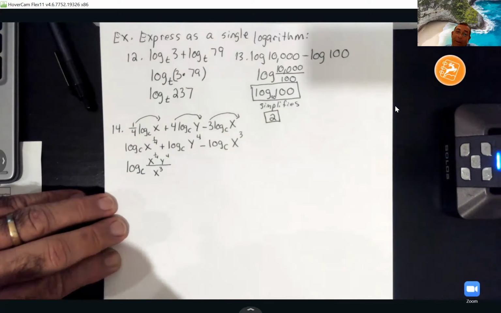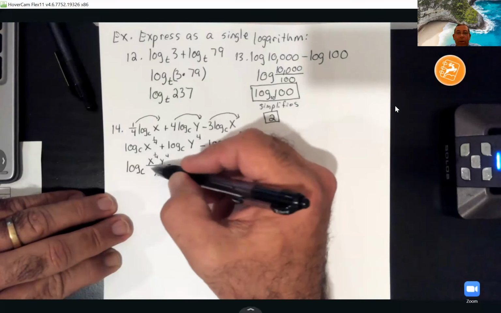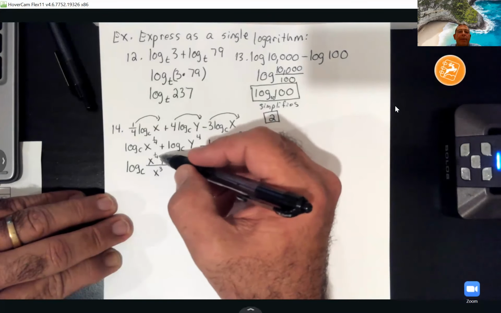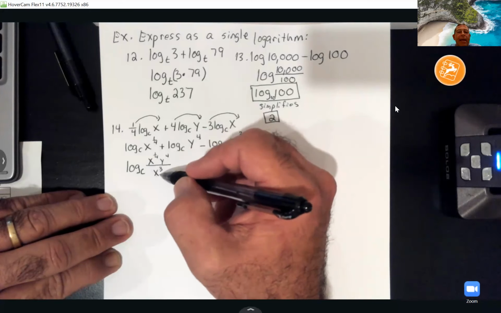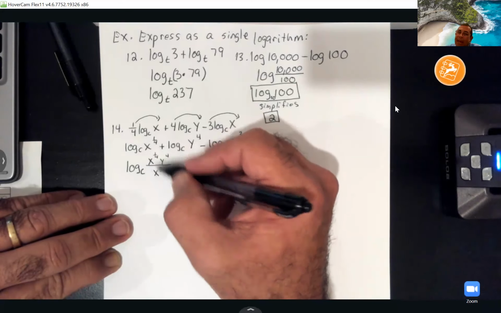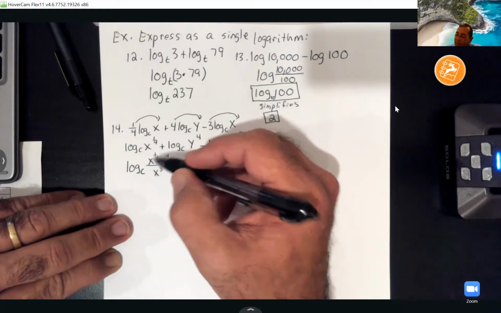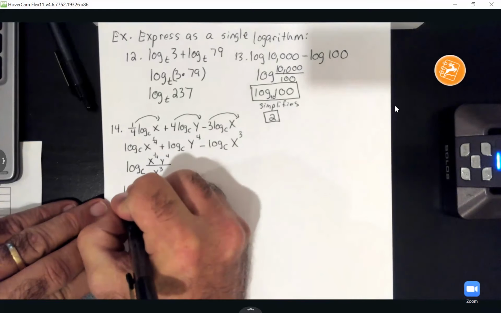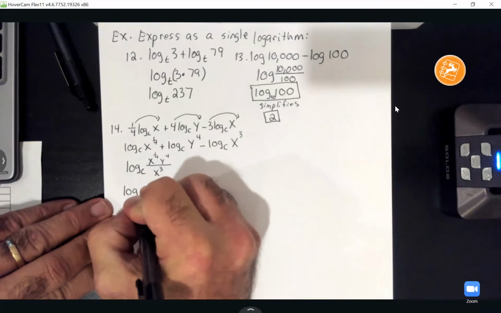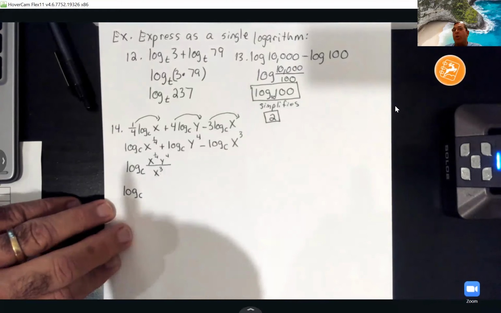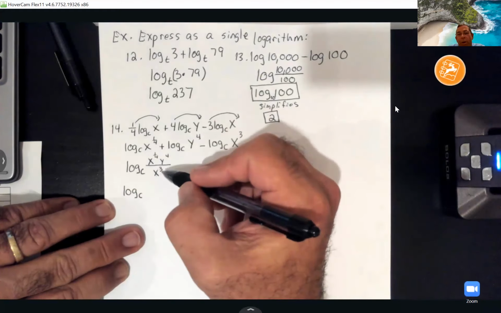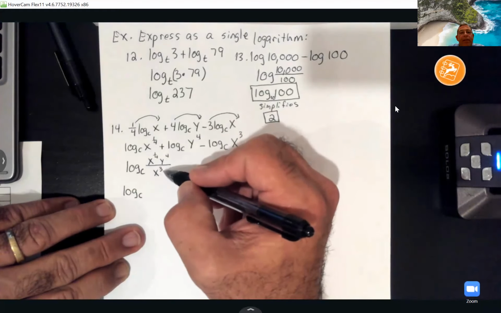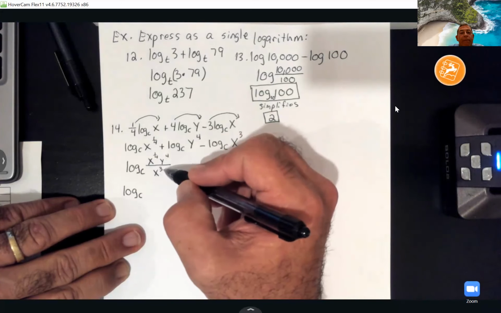Now, y'all, this one, we're going to go one more step because I got an x here and an x here. I can't keep x's in top and bottom both. So you cross them out, sort of. But what I'm going to do is take the bigger exponent, which is a 3.